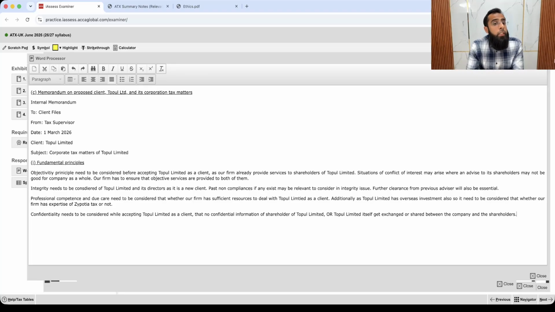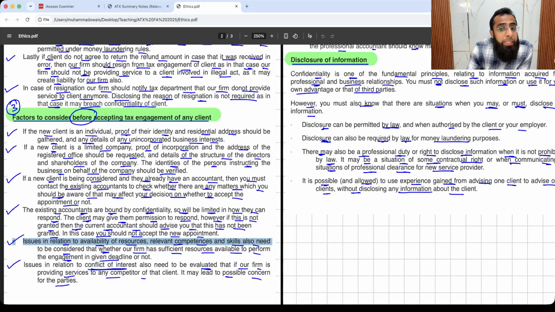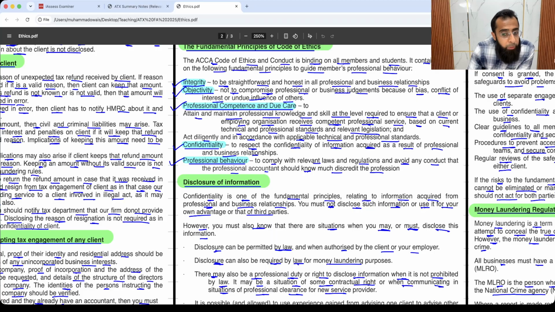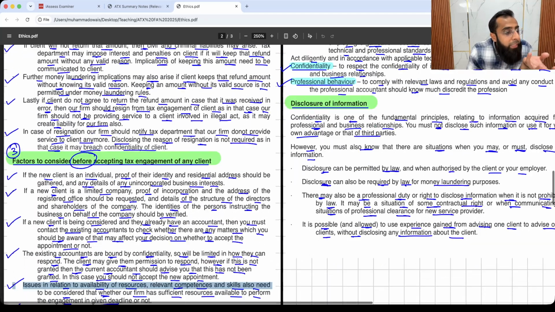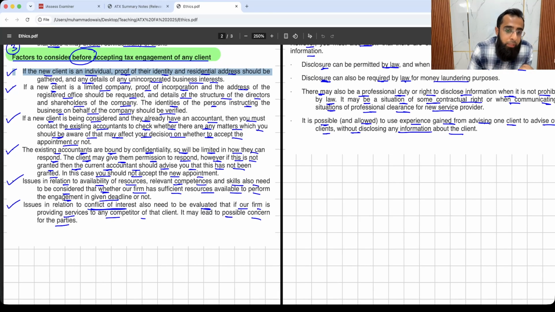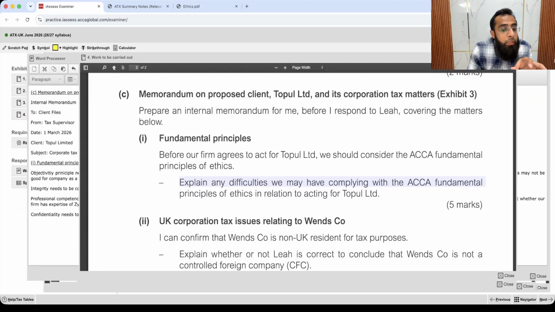Are you getting it? So the fundamental principles of ethics, and how we have to connect them to the acceptance of Topul Limited. Are you getting it? But we won't be writing this point. We write it normally like proof of identity and all, because he didn't ask us for actions to be taken. He simply asked us what difficulties we may face.